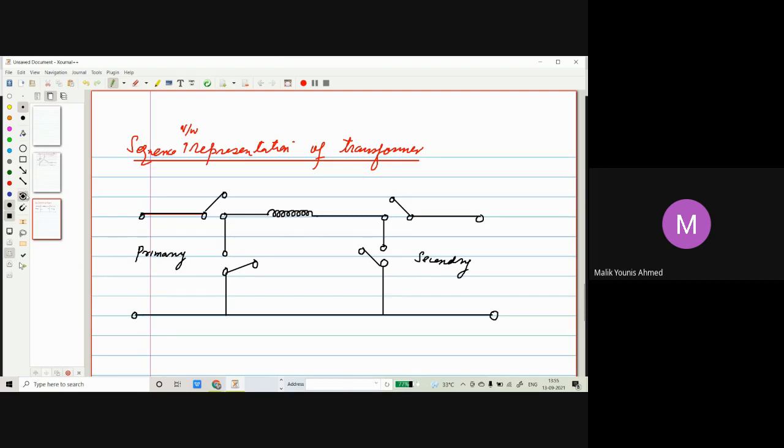In general, we call it the switch diagram for representation of transformer zero sequence network, or we also call it the zero power bus.